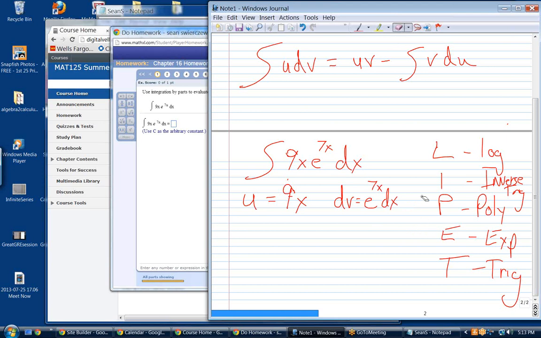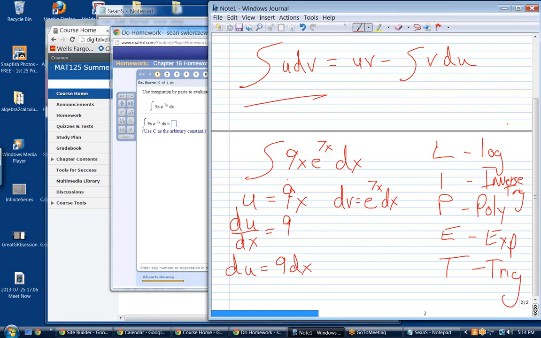Now what I'm going to do is differentiate the left column and integrate the right column. Because in order to solve this, I need u, I need v, I need to know what du is. So to solve for du, I have to differentiate the left. So du/dx is equal to 9, and that makes du equal to 9 dx.